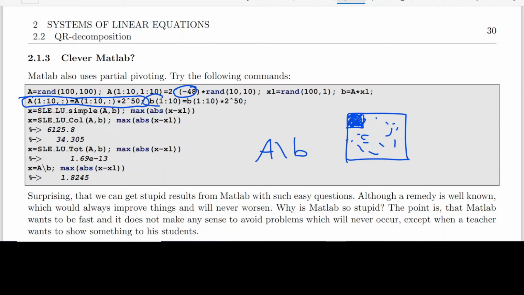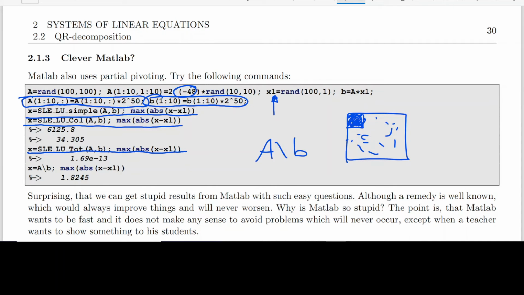And let's also adjust B, and that means that the solution XL will keep being what it was before, because we multiplied the whole equation by 2 to the power of 50. So now let's ask our LU decomposition simple. We already did. Let's ask our column pivoting algorithm, and then let's ask our total pivoting algorithm.